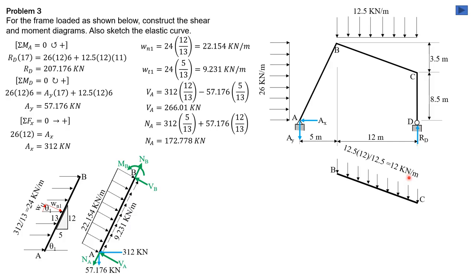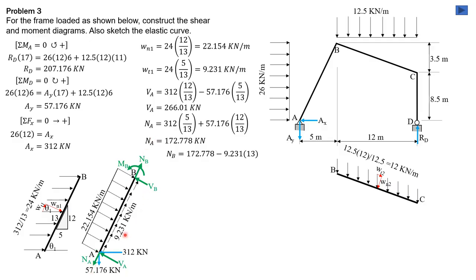Then this 12 kilonewton per meter is resolved into components, one perpendicular to BC and the other tangential to BC, like that. So this is the angle theta 2. So W normal 2 is equal to 12 times cosine of theta 2. Cosine of theta 2 is 12 over 12.5, or we can transform it into the slope: 7 vertical, 24 horizontal, 25 hypotenuse.